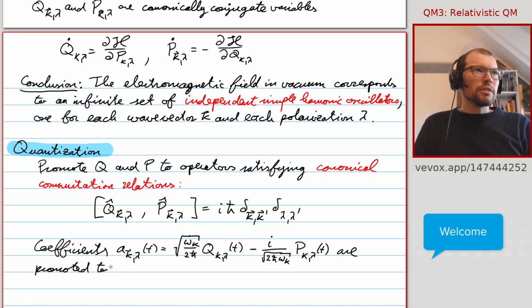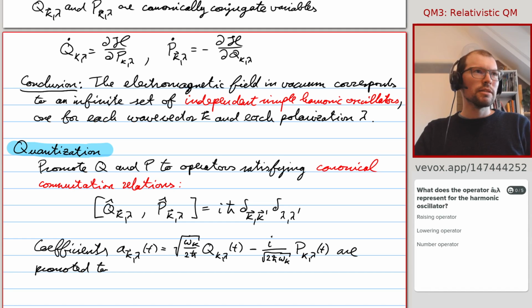So these are also promoted to operators. So to what are they promoted in our interpretation of the harmonic oscillator? Let's do a quick poll.